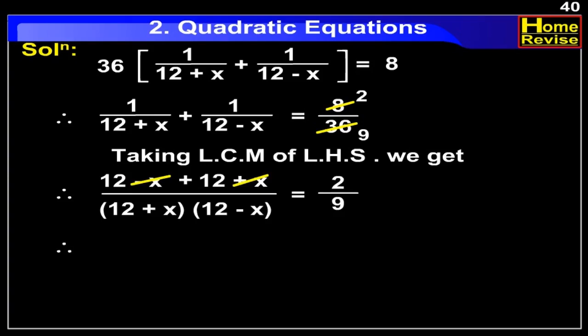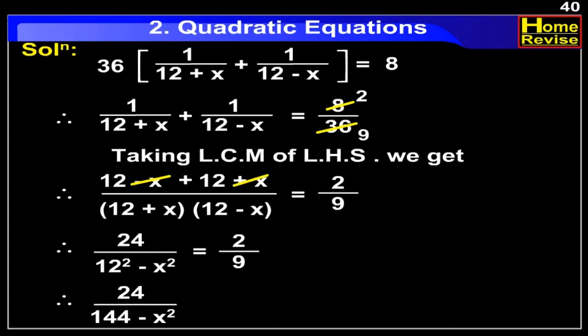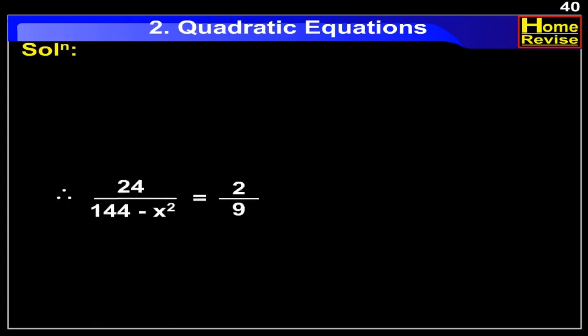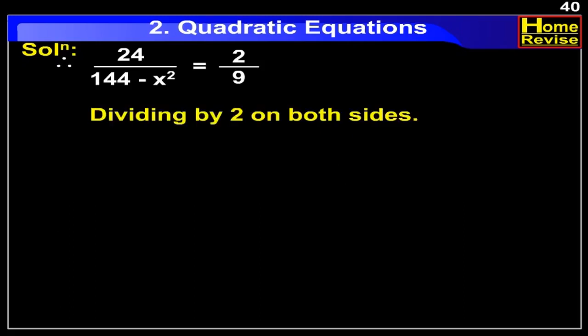Therefore, we have 24 upon 12 square minus x square is equal to 2 upon 9. Therefore, 24 upon 144 minus x square is equal to 2 upon 9. Dividing by 2 on both sides, we get 12 upon 144 minus x square is equal to 1 upon 9.